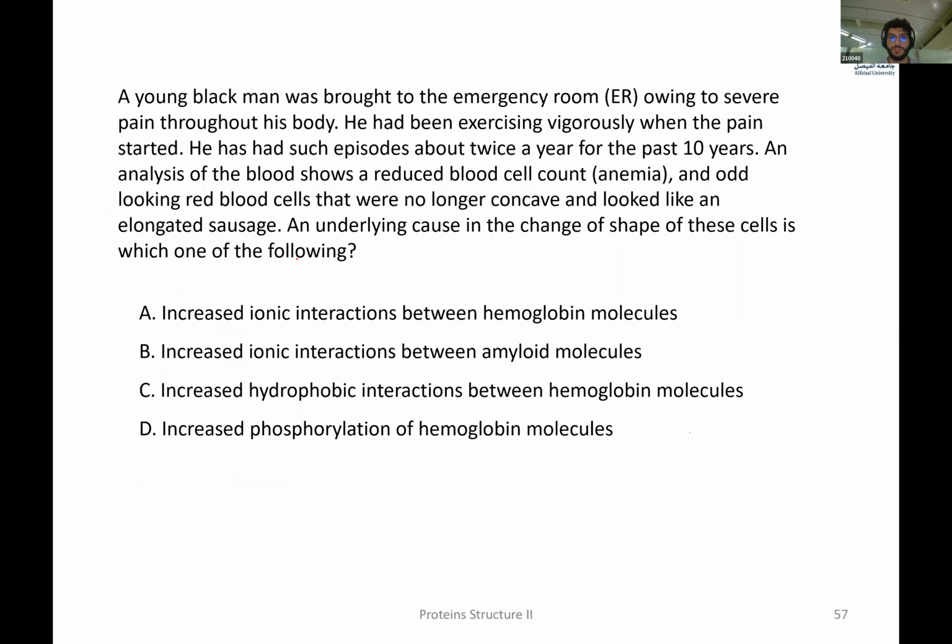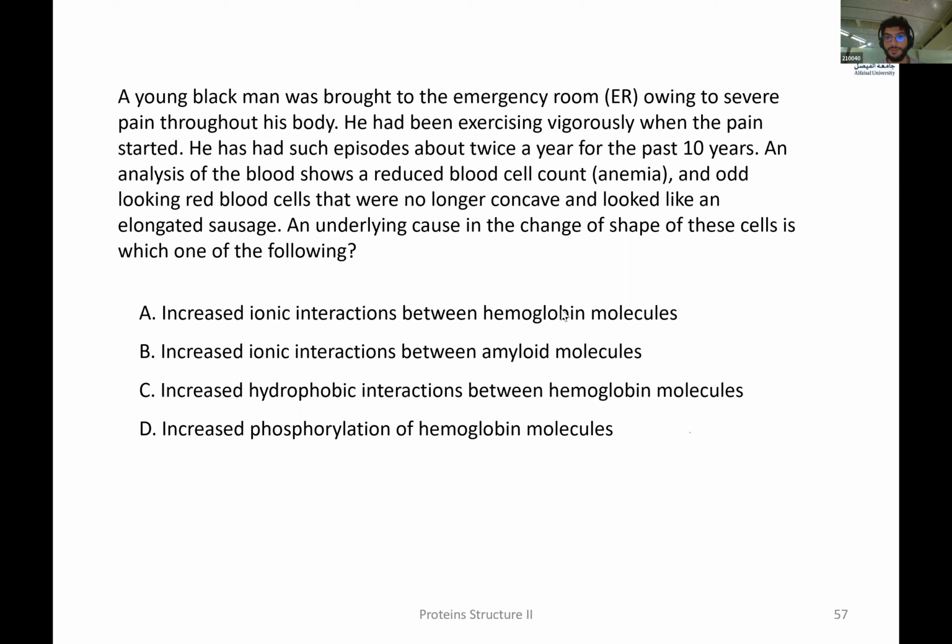Now, what's important over here, the other one. Take a minute, read this question and try to answer it. I can read it as well. A young black man was brought to the ER.